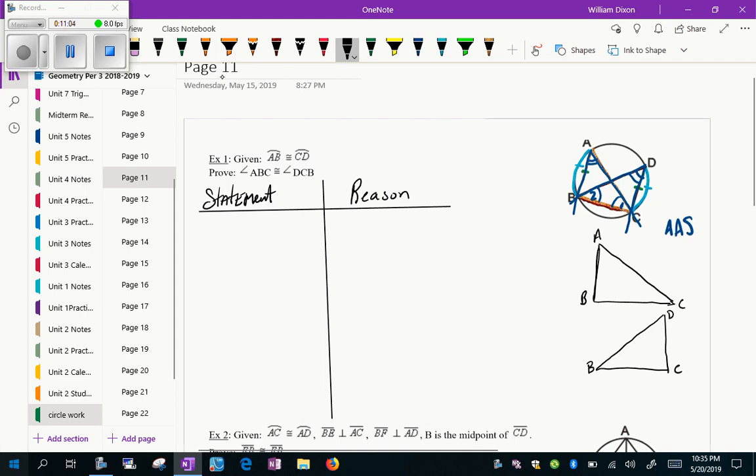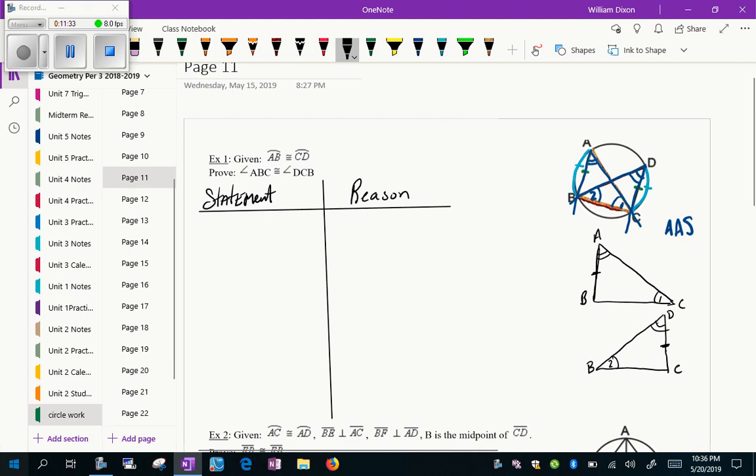So I had angle 1 being congruent to angle 2, and that's up here. And then I had AB congruent to DC, and then I had angle A congruent to angle D. So I have angle, angle, side, angle, angle, side. I think that really helps. So you see that I'm already set up for my statements and reasons.